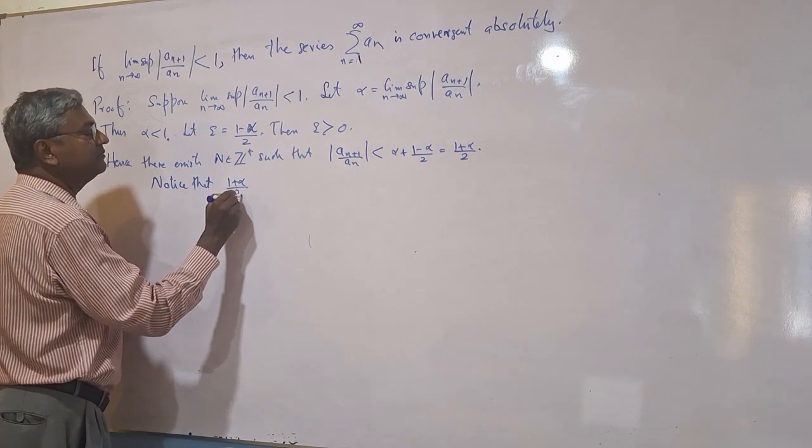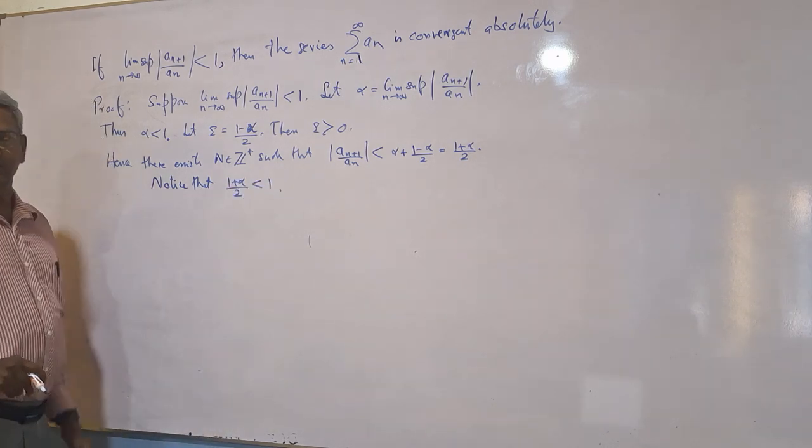(1 plus alpha) divided by 2 is strictly less than 1.